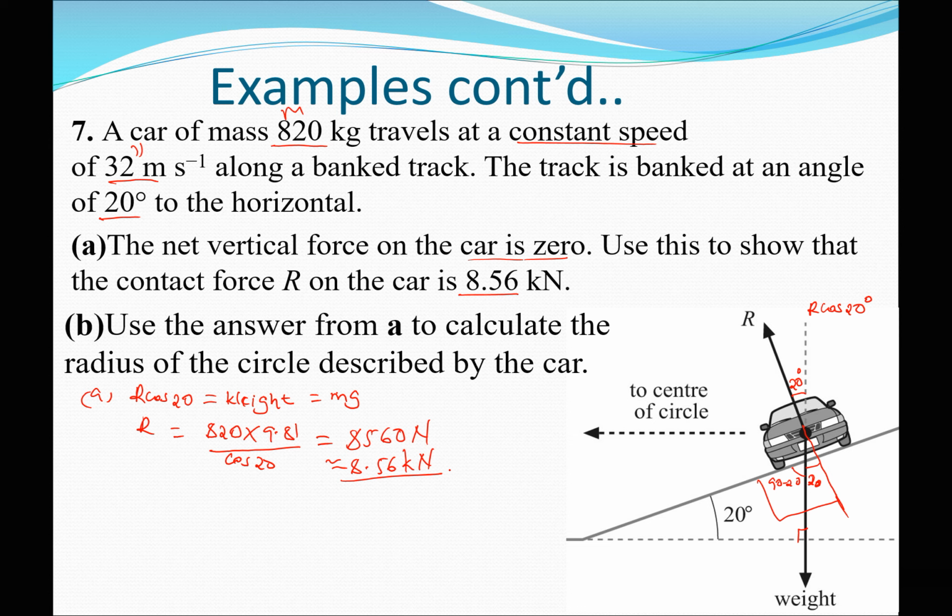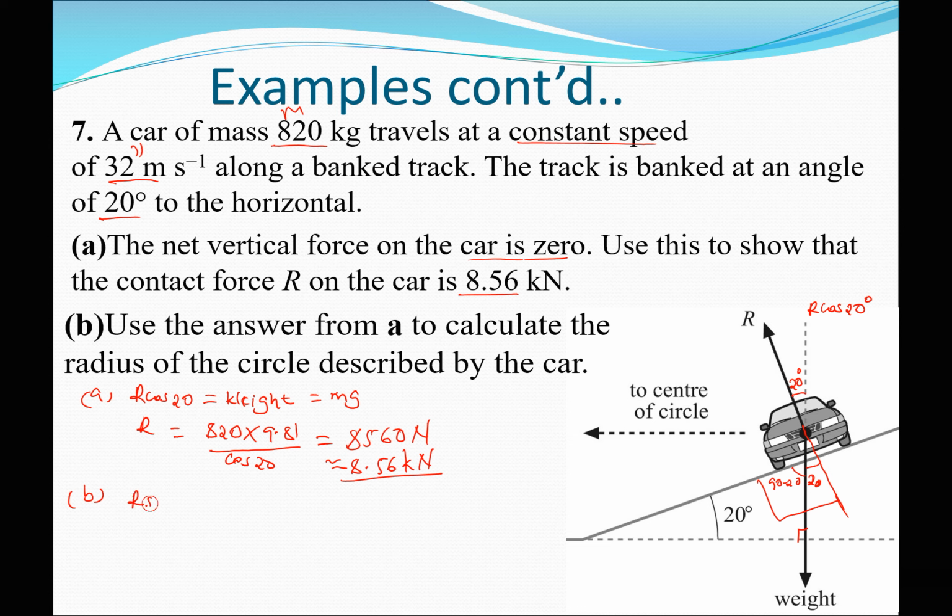Then part B, use the answer from A to calculate the radius of the circle described by the curve. So in part B, we are going to find the radius. So since we have R, the component of R, or the force which points towards the center, is the one which provides centripetal force. So I have to resolve R in the horizontal.